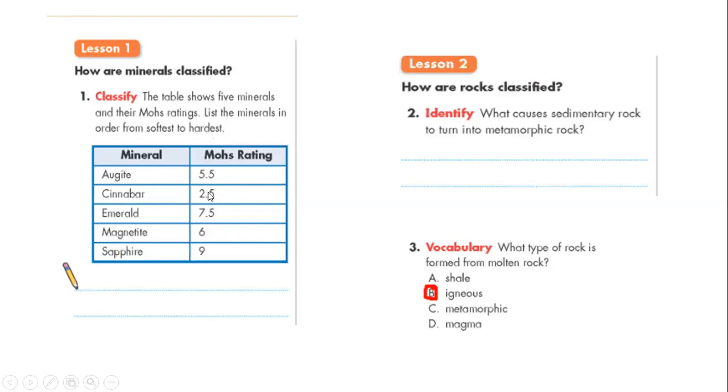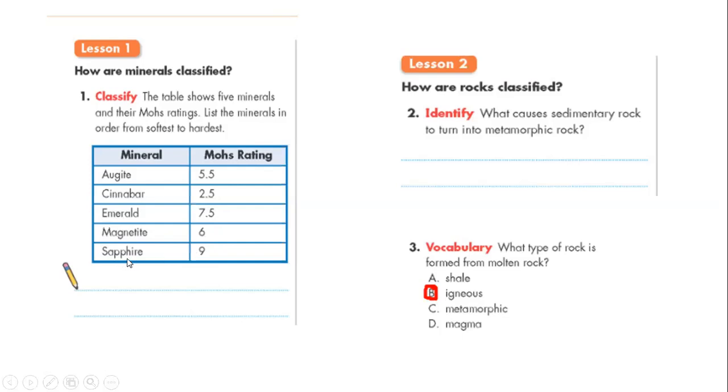The first one, the softest, has a Mohs rating of 2.5. Then 5.5, iodite. Then emerald. Then magnetite. The hardest one is sapphire.